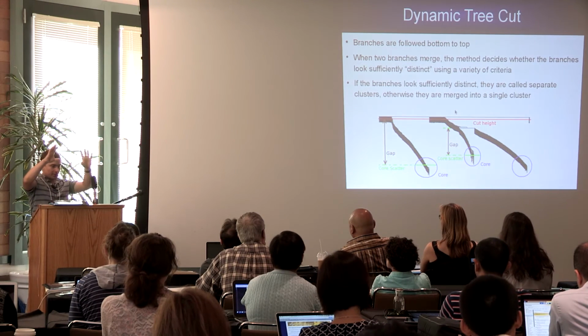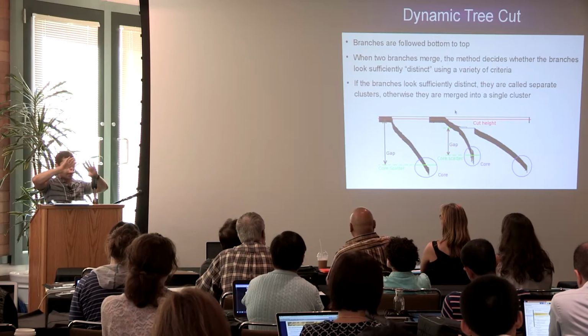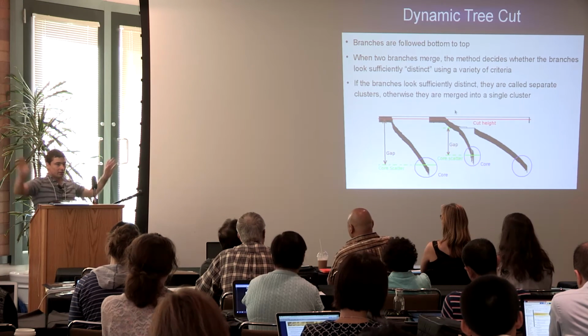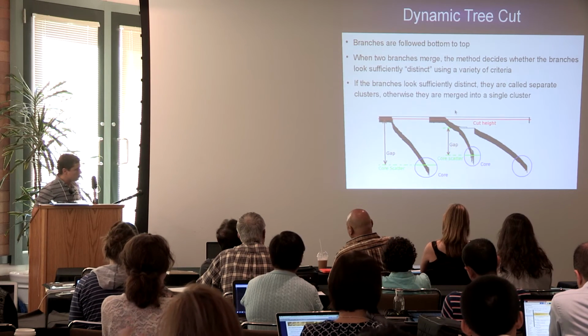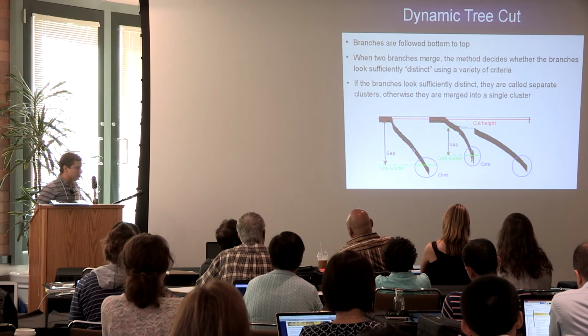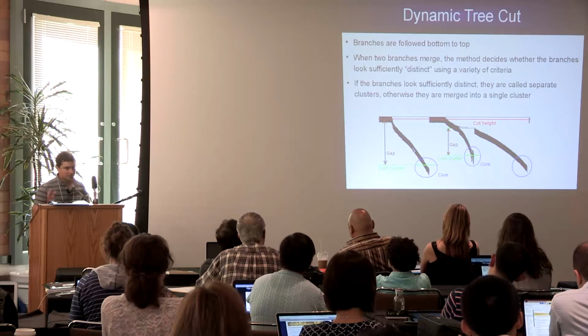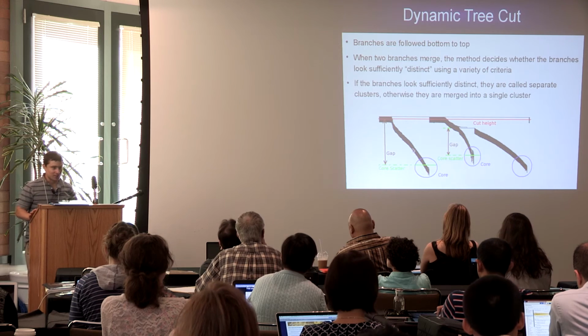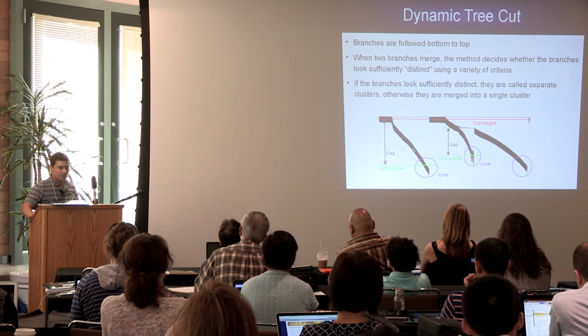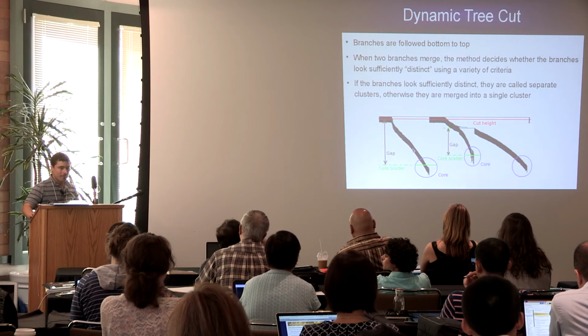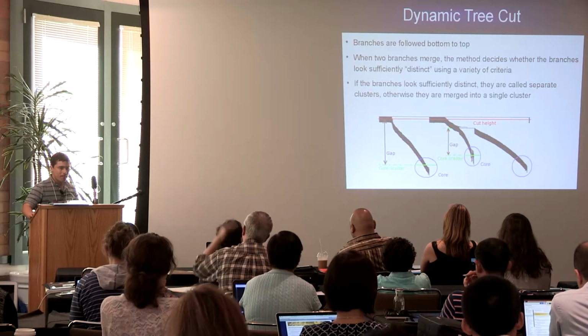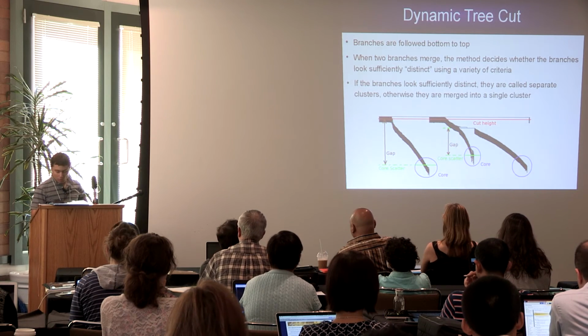If the branches merge very high, it means their average dissimilarity is very big, and that's good enough. So there's a multitude of criteria, and you can fine-tune them, and I just don't have time to explain them all.